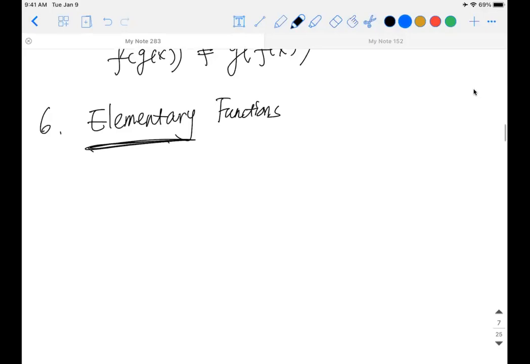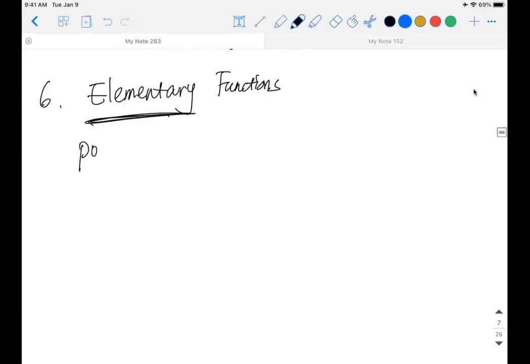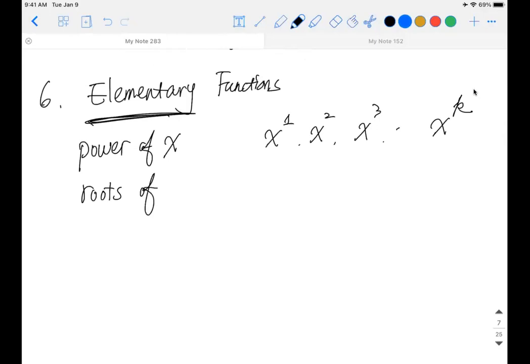So what are they? Power of x. Let's say x to the power of 1, x to the power of 2, 3, all the way to k. Power of x. Roots of x.